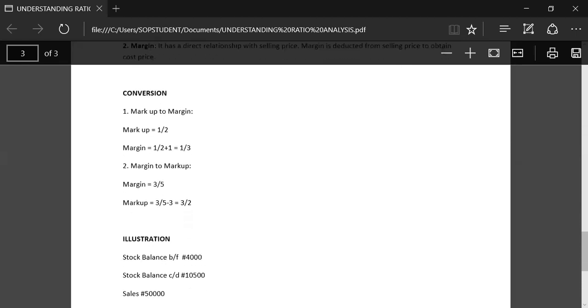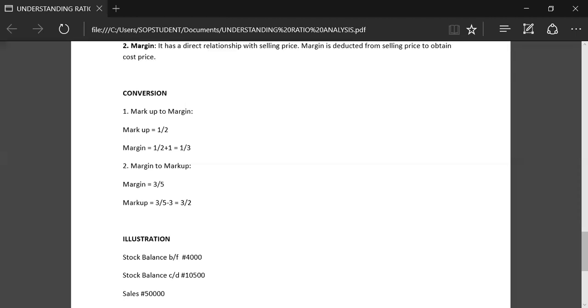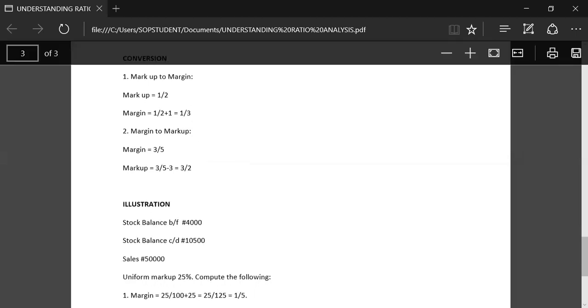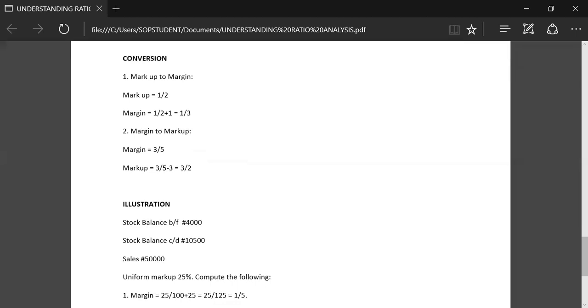And so when we have a markup of 50%, a markup of 50% can be converted to margin and it becomes 33.3%. And when a margin of 60% is converted to markup, it becomes 3 over 2. So the 3 over 5 margin, when converted to markup, becomes 3 over 2.